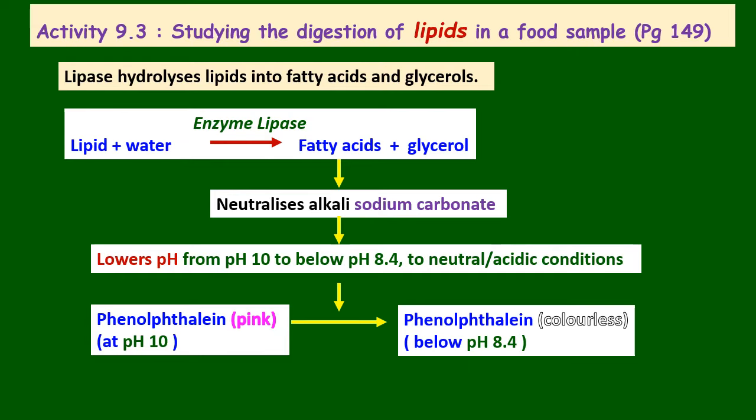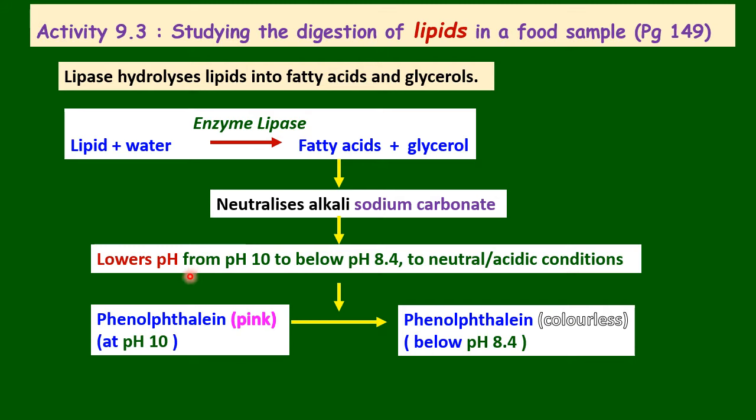So let's look at this flow chart to understand the reaction that occurs. Lipase hydrolyzes lipids into fatty acids and glycerols in test tube A, and the equation is lipid plus water, with the help of this enzyme lipase to catalyze the reaction, we get fatty acids and glycerol. Then these fatty acids neutralize the alkali sodium carbonate in the mixture.